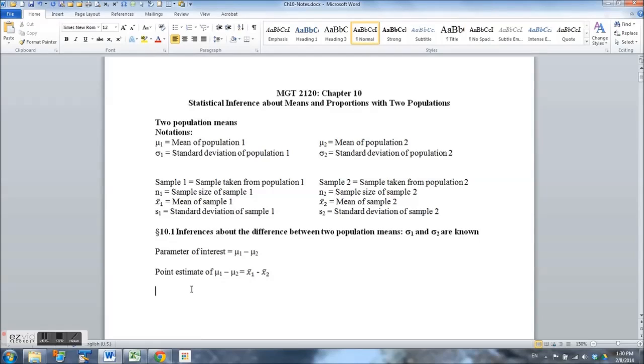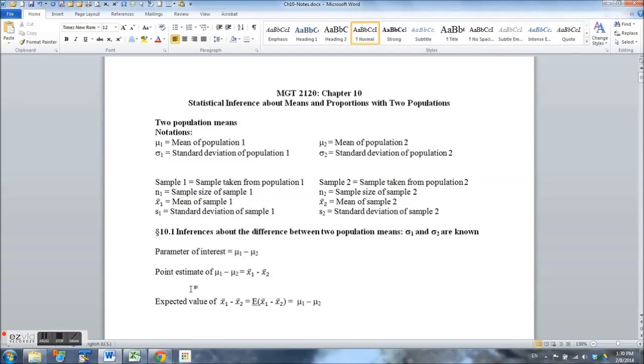Obviously there is going to be a certain amount of statistical error between what we think the difference is between the population means and what the actual population mean difference is going to be, and that's something that we need to calculate or place a limit on, the margin of error.